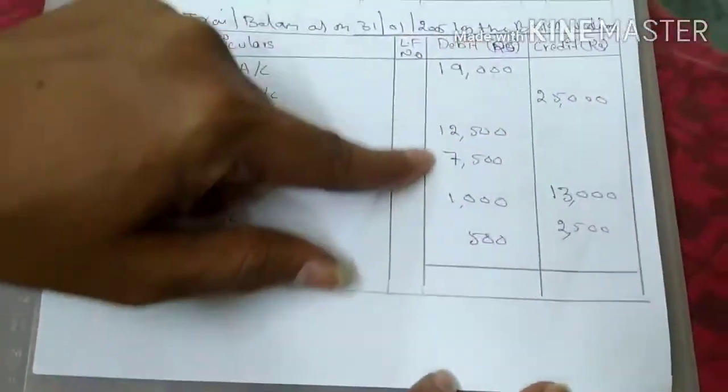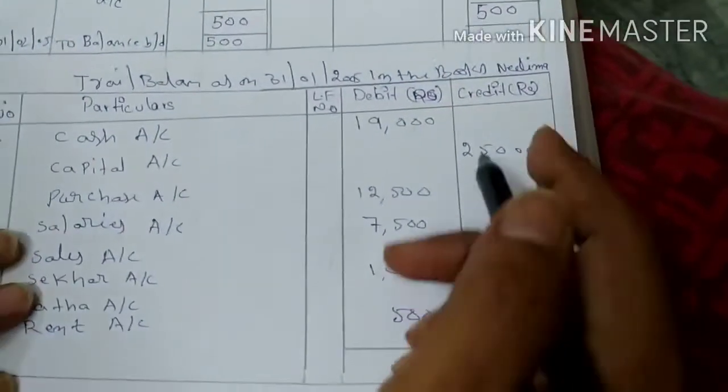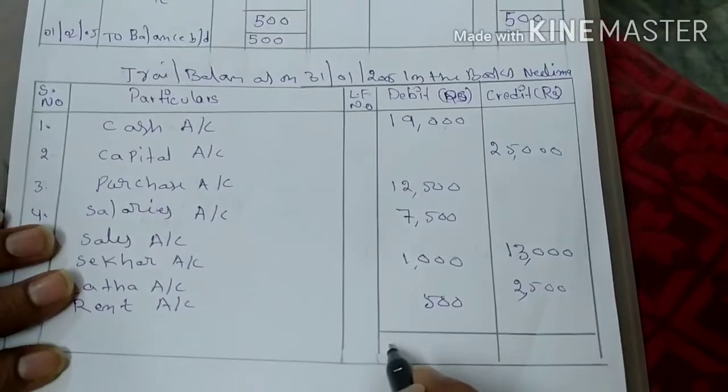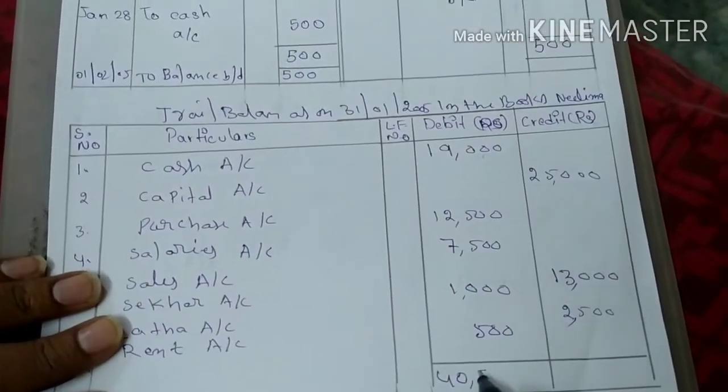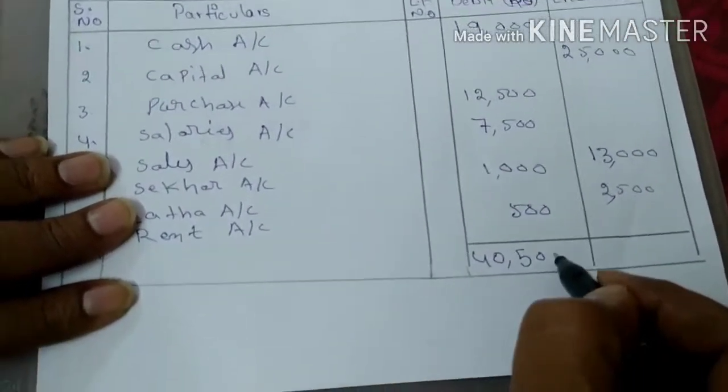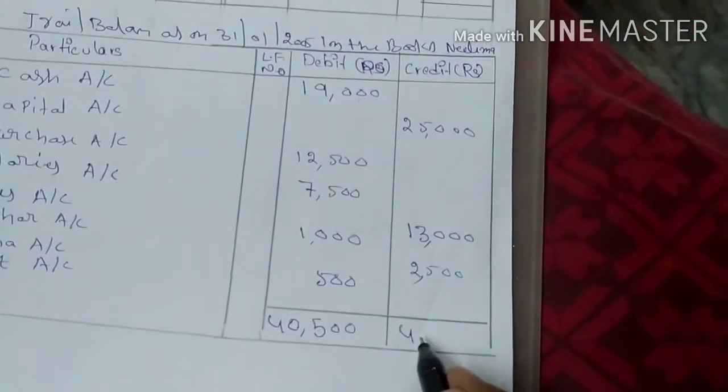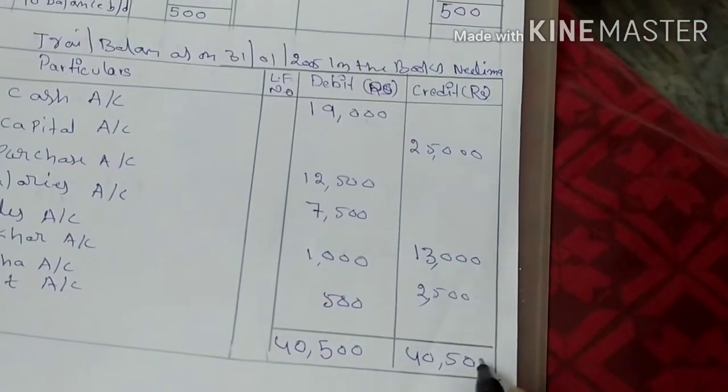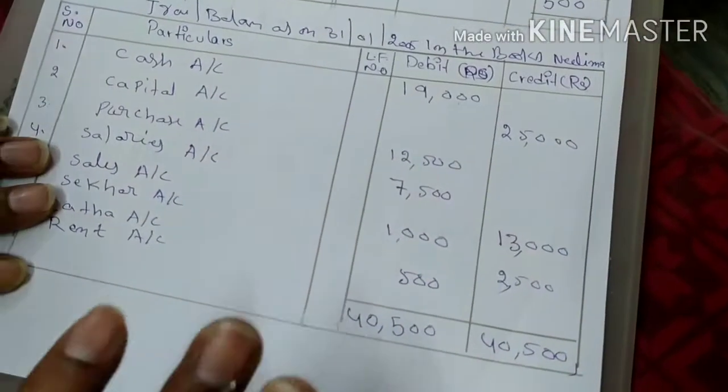Next, we need to do the sum here. The total is 40,500 rupees. Similarly here also 40,500 rupees. That's all. What you need to remember is that our trial balance's final debit total and credit total should be equal.